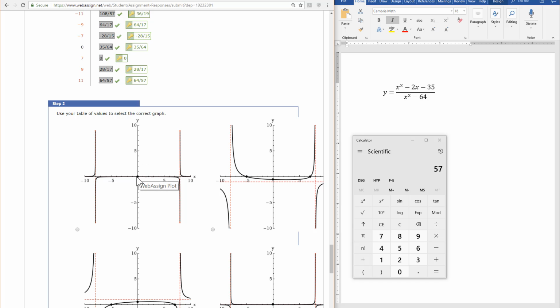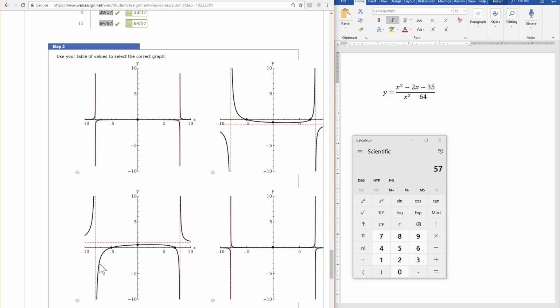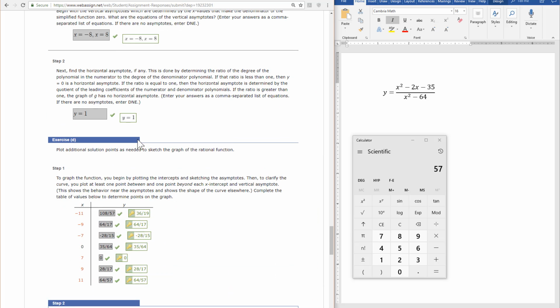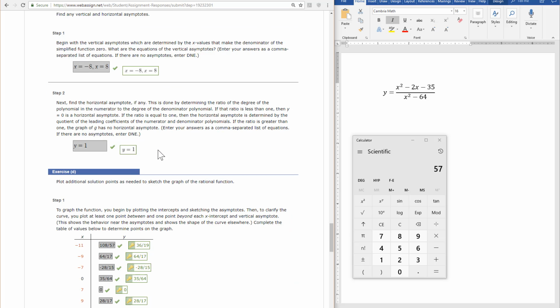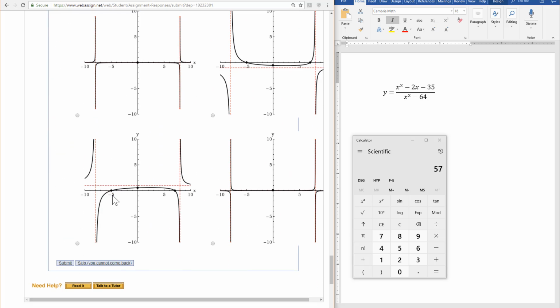35 over 64 is less than 1, so it's hard to see that, but we know that it's positive. We also know, based on our intercepts, that we're going to intersect the x-axis at negative 5 and positive 7. Here it looks like it intersects at 0 and 0, so let's knock off these two graphs, the first one and the last one.